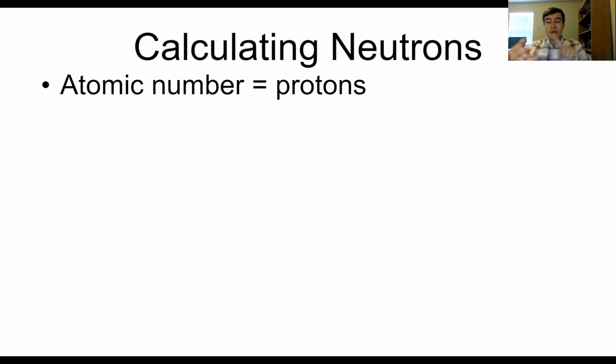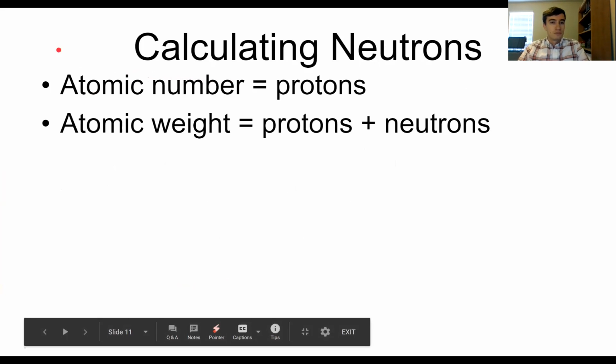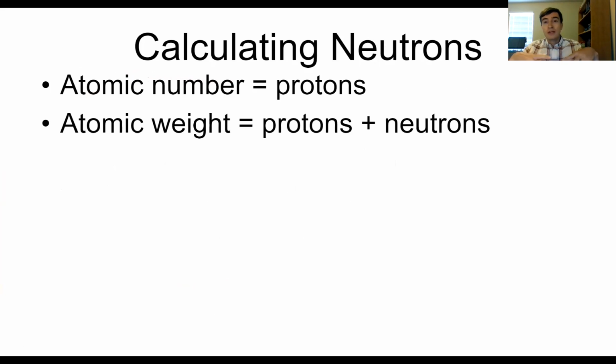So we know how many protons we've got. That's our atomic number. It says it right there on the box for us. Very kind. And we know that our atomic weight down there on the bottom is the protons and the neutrons added together. So if we take the number of protons out of the atomic weight, we'll just be left with how many neutrons are left, right?